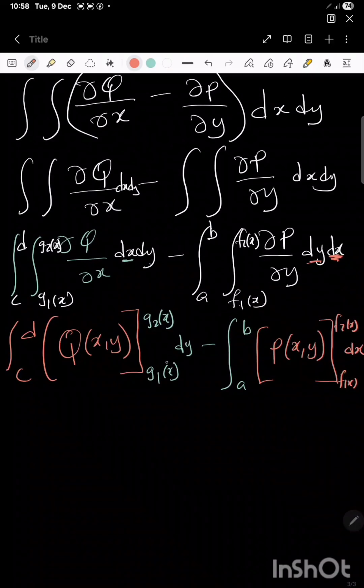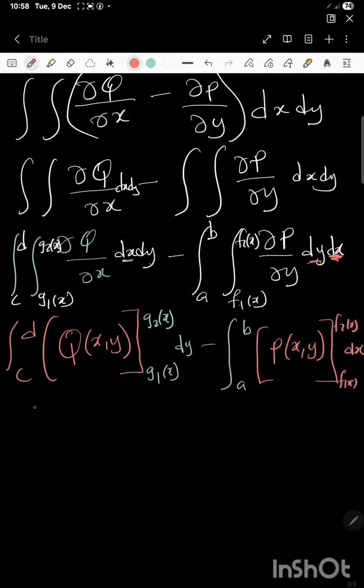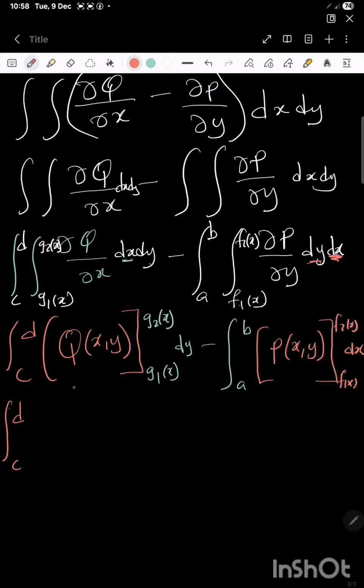Remember, for the first integral we integrated with respect to x, so we only replace the limits on x, and for the second we integrated with respect to y, so we only replace them on y. So we have the integral of c to d of q of, where there is x, we put the upper limit first, which is g2 of x comma y.